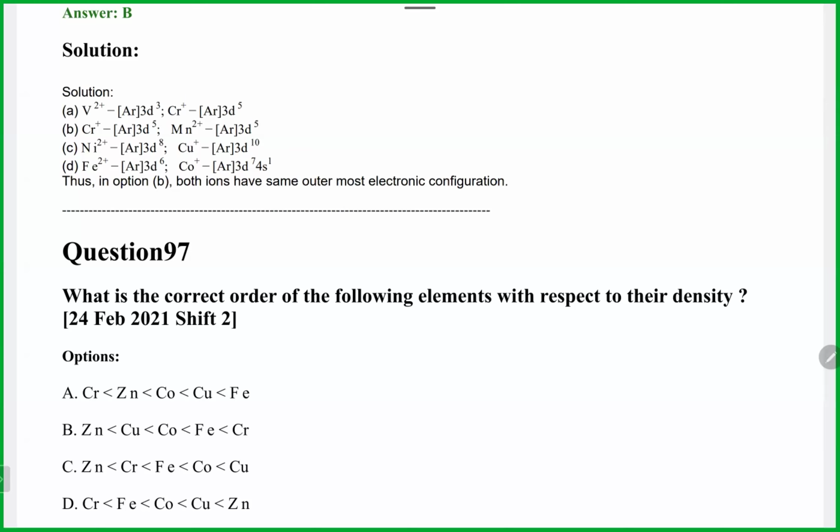Along the period, volume or size will decrease, so density will increase. But except zinc. In case of zinc, size increases. So the answer will be C.